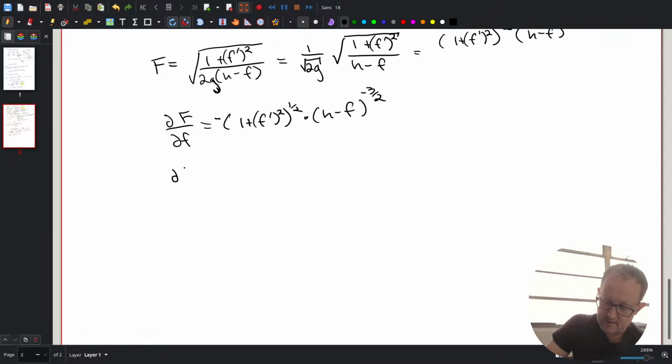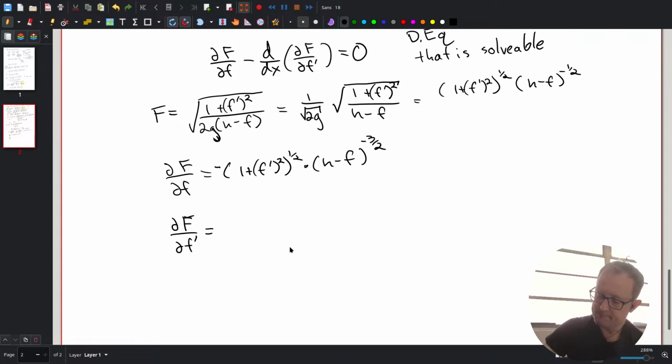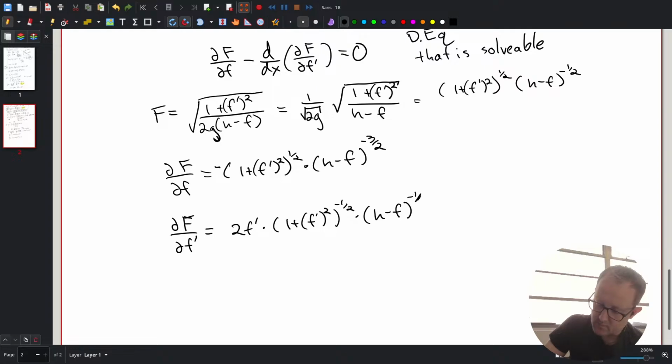And then I can get dF/df prime, and this one should be 2f prime times, again taking care of that first one, 1 plus f prime squared to the negative 1/2 times h minus f to the negative 1/2.